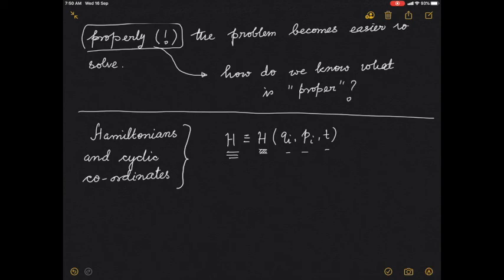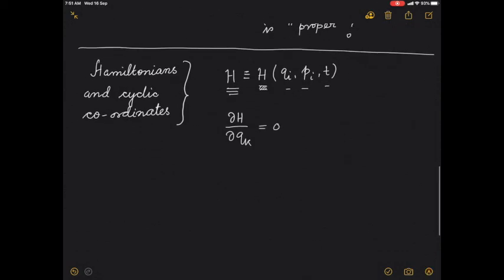Okay, so this h over here is different than this h over here. The h in the right hand side stands for a function, the h in the left hand side is the value that you get if you put the values of qi, pi's, and then t in that function.